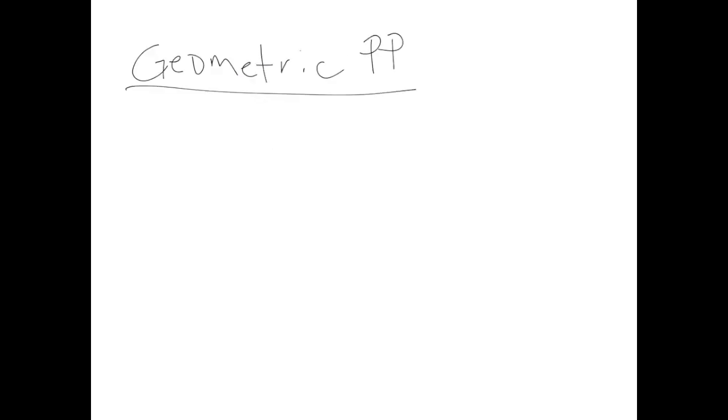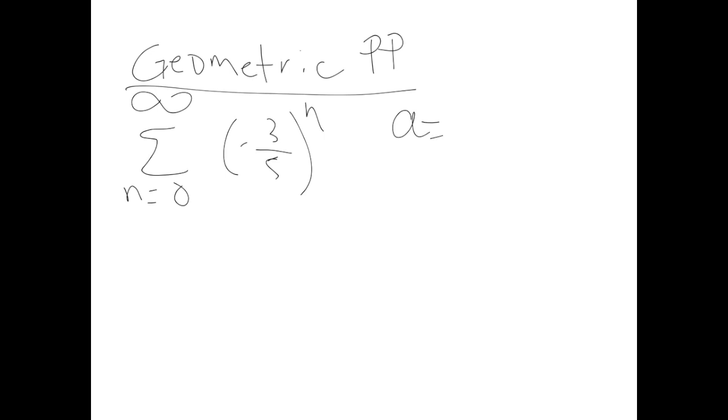All right. So let's try this problem where we have the sum from n equals 0 of negative 3/5 to the n. All right. So a is always going to be your first term. So since n equals 0, it's going to be 1. And then your r is whatever's inside that exponential expression.